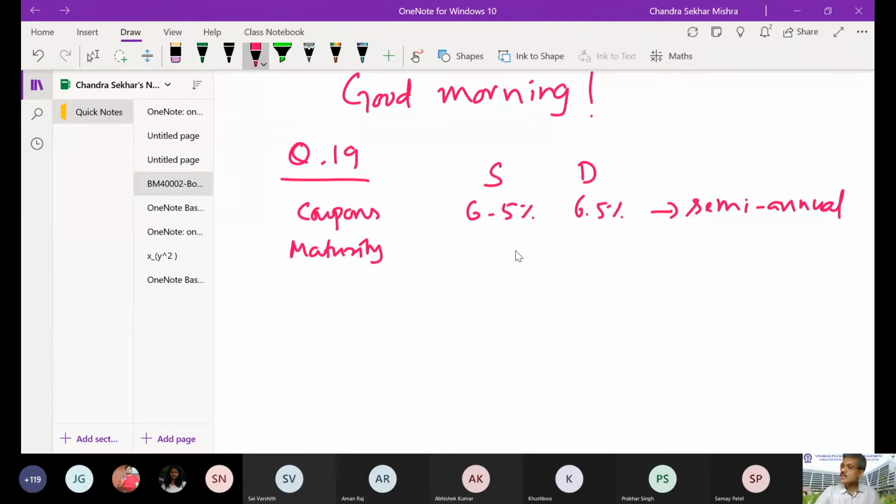Maturity period: this one has 3 years, and this one has 20 years. And their price is at par. Now tell me, what is the yield to maturity here?